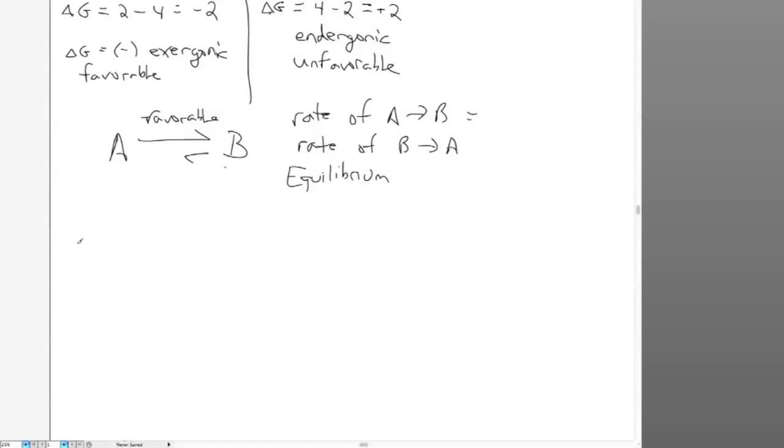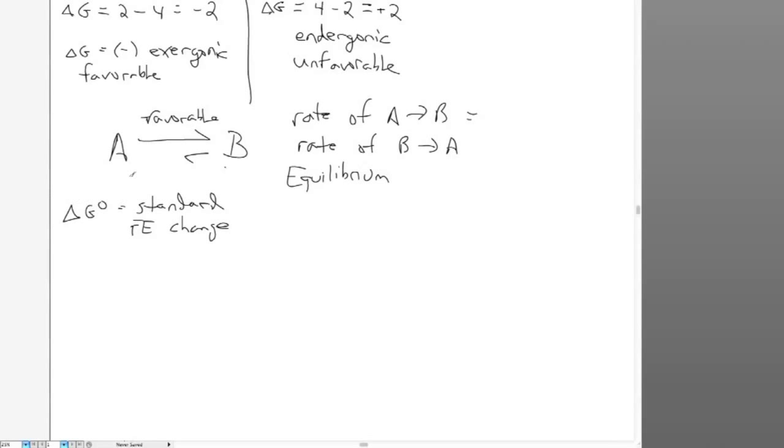So to get around this and talk about free energy changes on a general level, we have a new value called delta G naught, which is the standard free energy change. Okay, this is standard, I'll just do FE, free energy change.